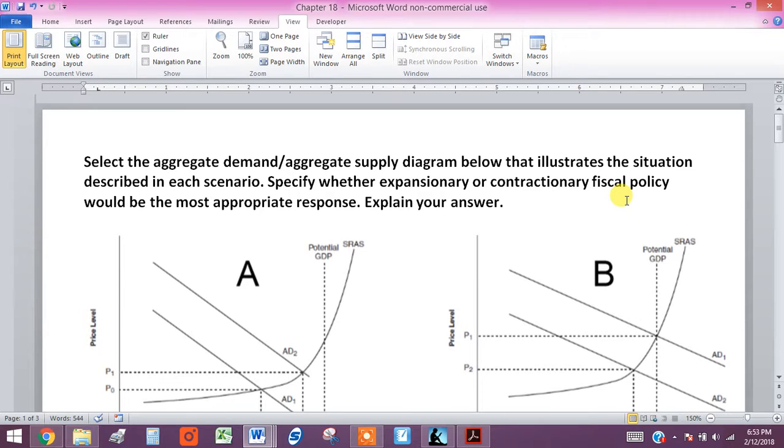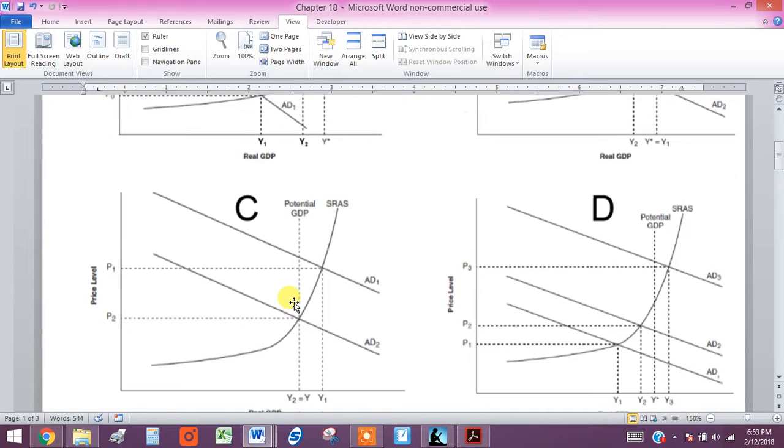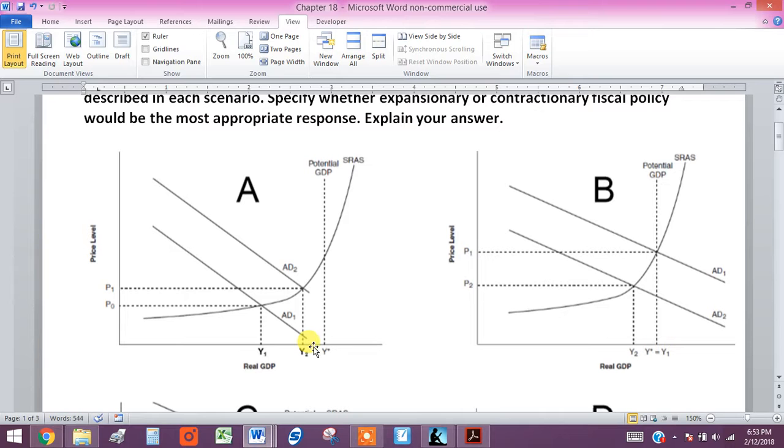To help you out, always remember that you're going to start with Y1, and we're moving from Y1 down to Y2, and the potential is just always marked here.